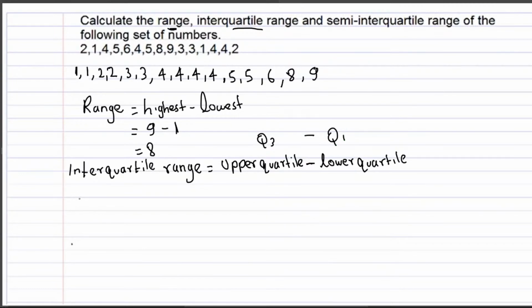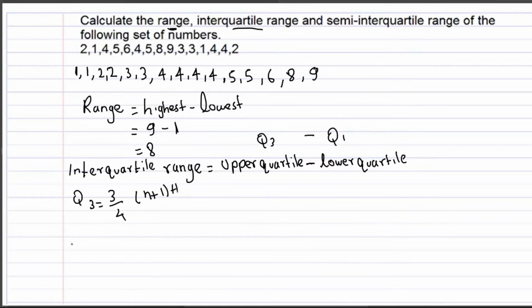To find Q3, we have an equation that is based on how many numbers we have. Let's count: 1, 2, 3, 4, 5, 6, 7, 8, 9, 10, 11, 12, 13, 14, 15. So we have 15 numbers in total. The upper quartile position is 3 over 4 times (n plus 1), where n is how many numbers we have.